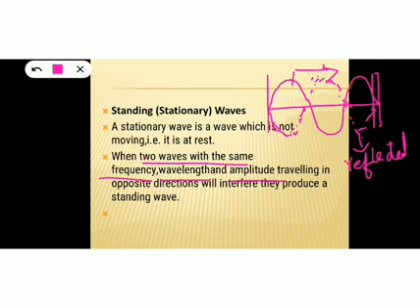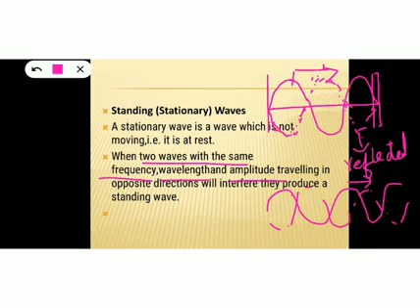Here you can see the incident wave is traveling towards the right, but the reflected wave is traveling in the opposite direction, that is towards the left. So when such two waves superimpose, they will produce a standing wave. This is the pattern of the standing wave. Standing waves look like this, and these waves will not move, they are at rest.